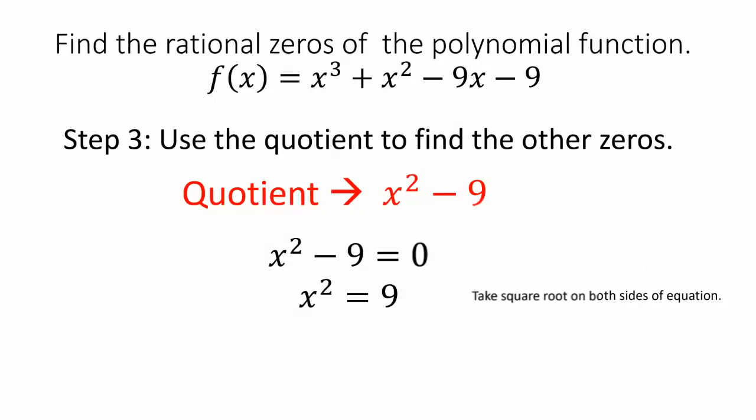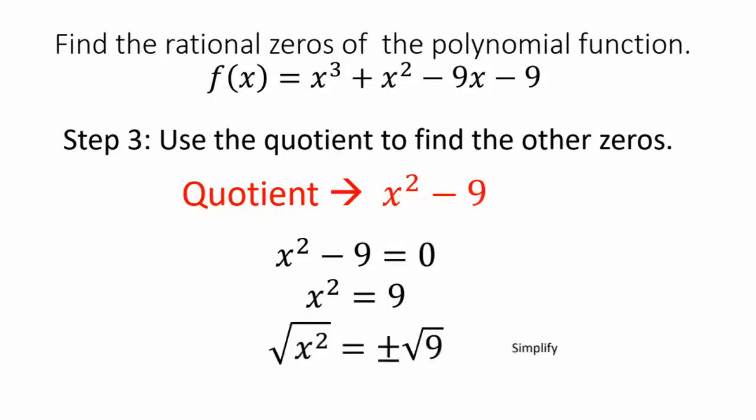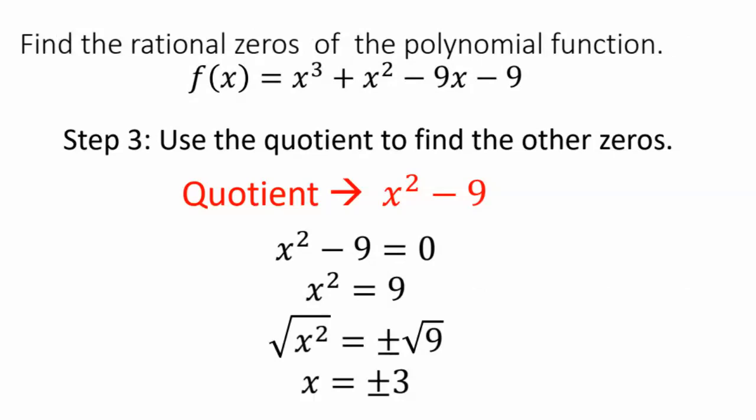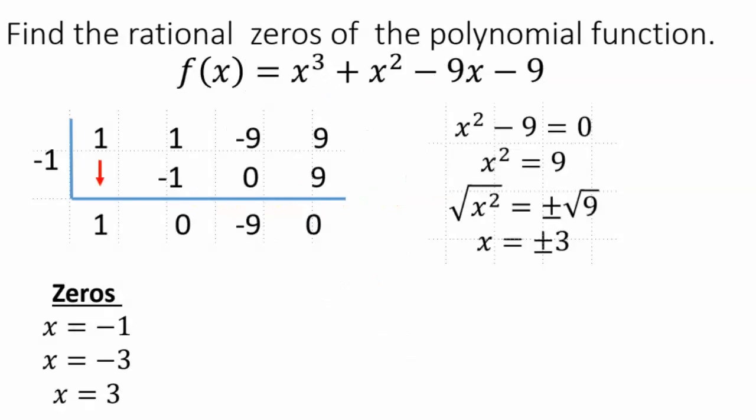So we're going to add 9 on both sides, take the square root, and simplify. So we get x is equal to plus or minus 3. My degree was 3, so I need to have 3 zeros. So my zeros are 3, -3, and -1. So we get the 2 zeros from here, and then we get the -1 from the synthetic division. Okay.